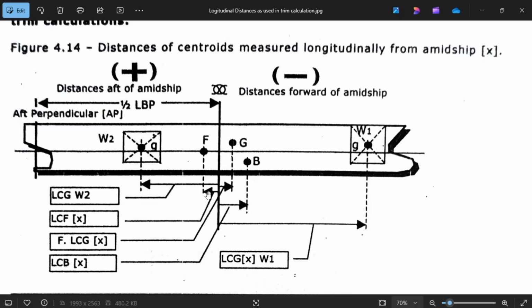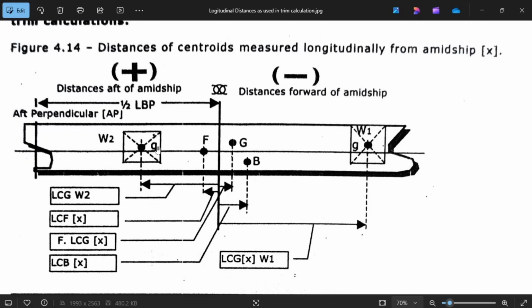Then next, you have weight number 2 on the aft part from midship. From midship, the distance going to the center of weight 2 will be your longitudinal center of gravity.